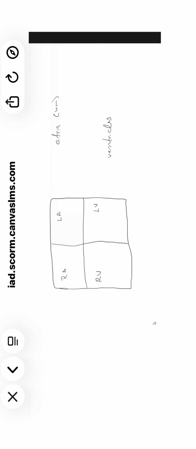Everything above the heart, blood is delivered by way of the superior vena cava, and from below the heart, by way of the inferior vena cava. So these are the superior and the inferior vena cava, carrying blood into the right atrium.